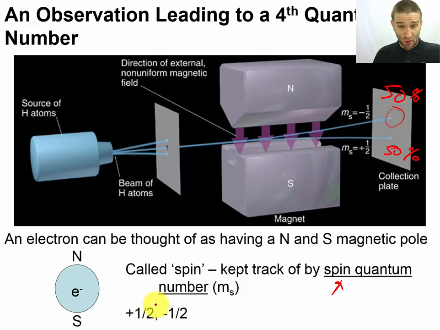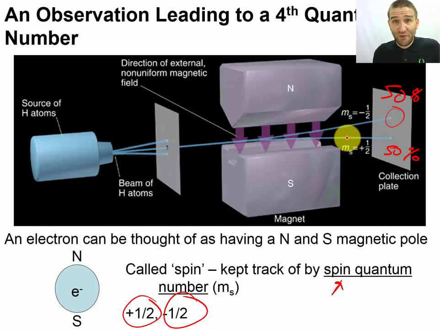It's got a value of either plus 1/2 or minus 1/2. How do you know which one it is? Well, if you're doing an experiment, you get to define it based on whether it curved toward the North Pole or toward the South Pole. I'm not going to ask you about that. You will just pick which one, because remember, every atom has a 50-50 chance of having each electron have one or the other. So we'll pick them at random.